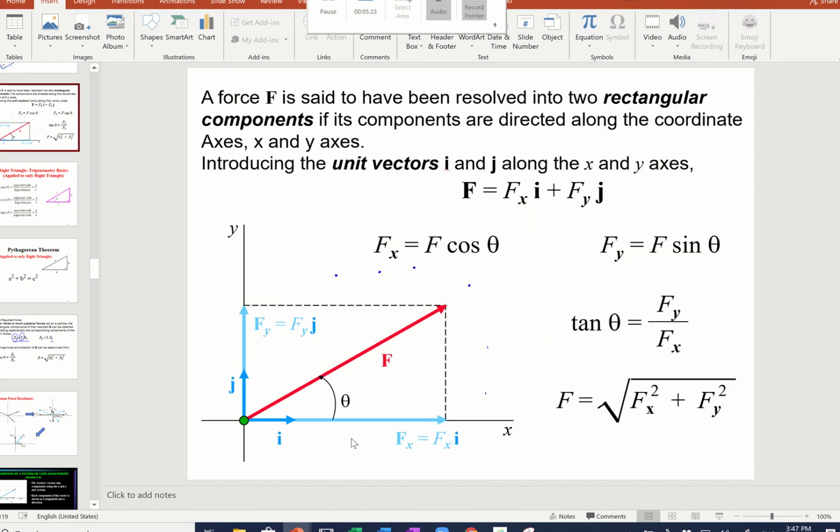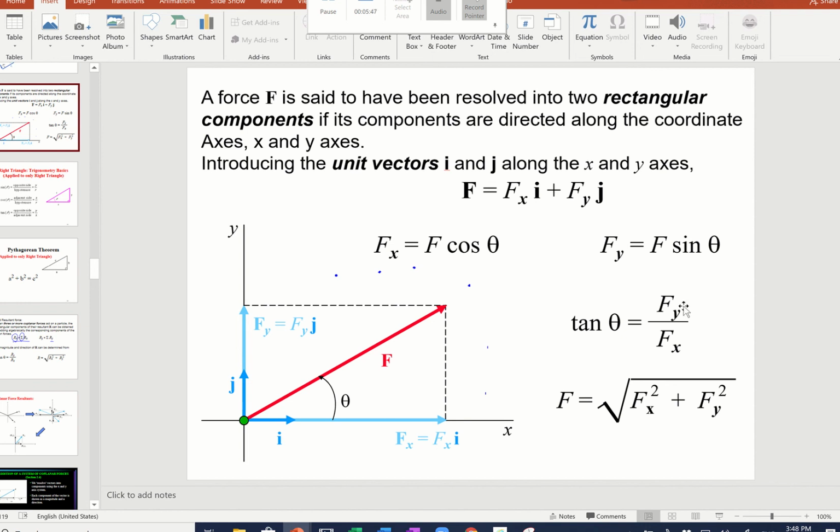Then go back to here. If you know the summation of Fx and the summation of Fy, and you know the direction is defined from the x-axis counterclockwise to this force right here, which is your theta. And this theta, how do we define this angle? We already did. Opposite over adjacent, because it's a right triangle here.